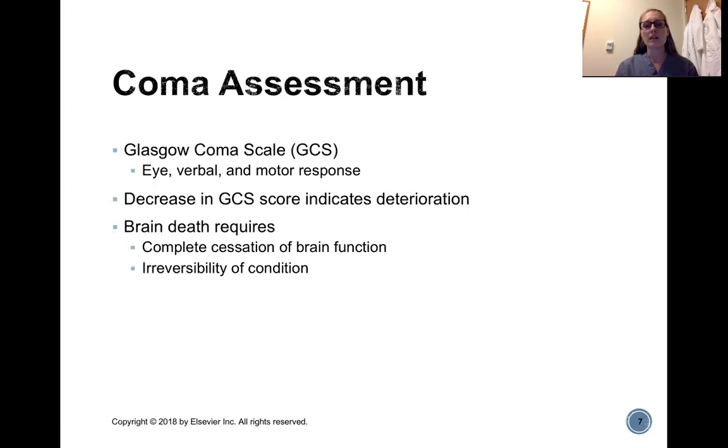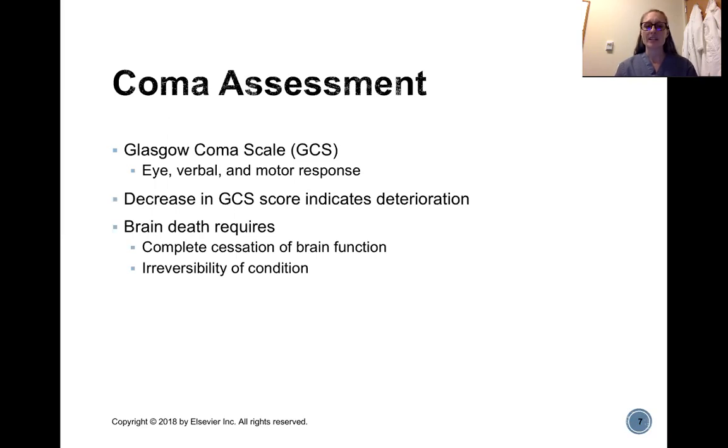And this gives providers and the healthcare team a standardized language to communicate about what's going on with that child and where they are in the coma assessment. When we're looking at the various aspects of it, we're looking at their eye opening, their verbal response, and their motor response to rate them on the Glasgow Coma Scale.